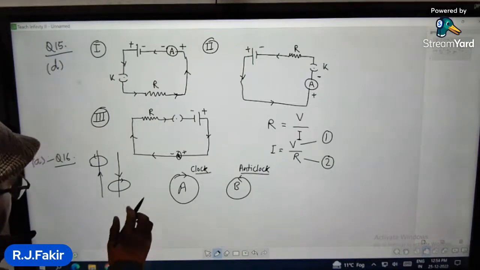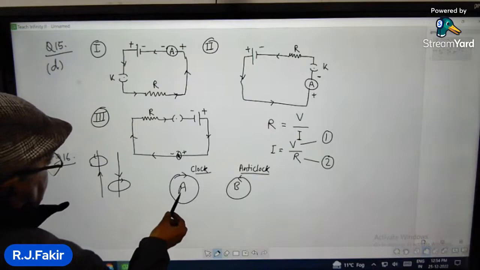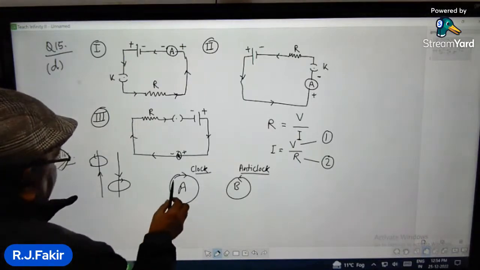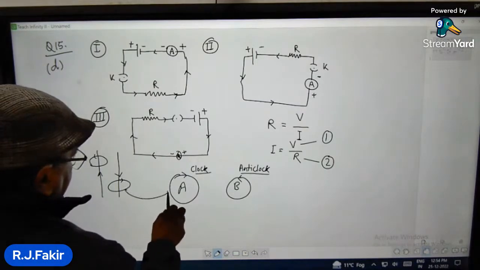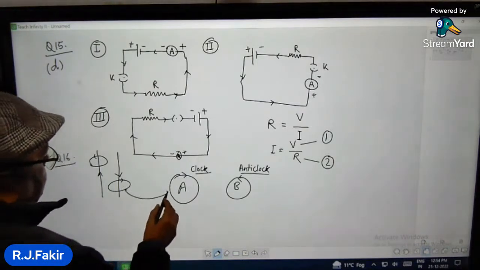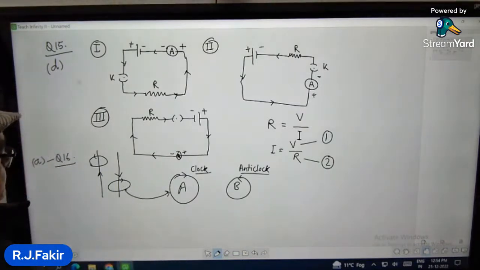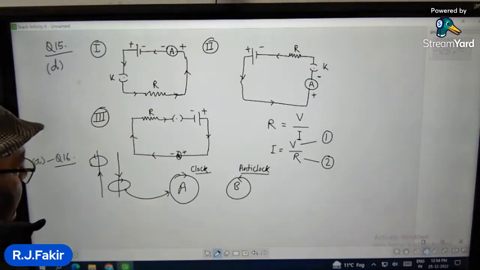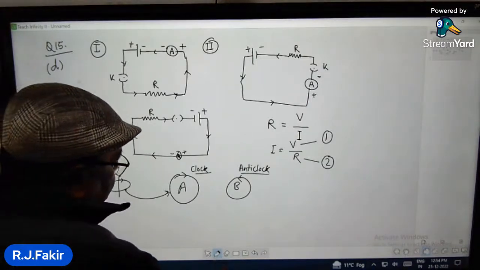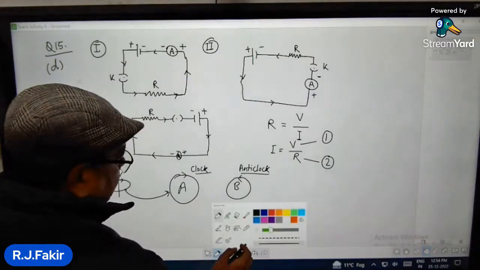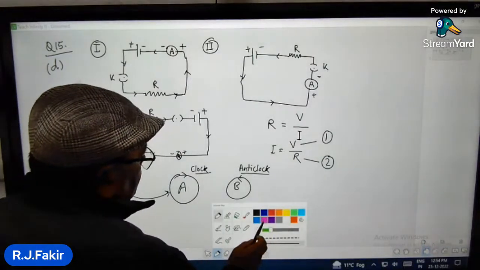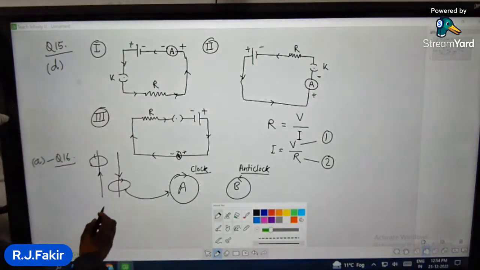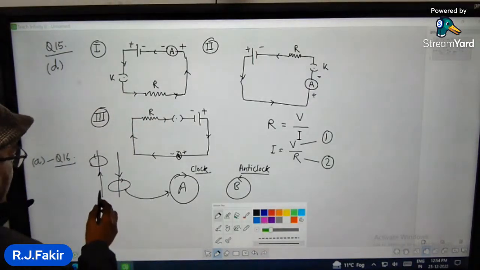Now, if you compare this one to this loop, this situation for point A corresponds to this. Okay. And another situation at point B, that corresponds to this situation.